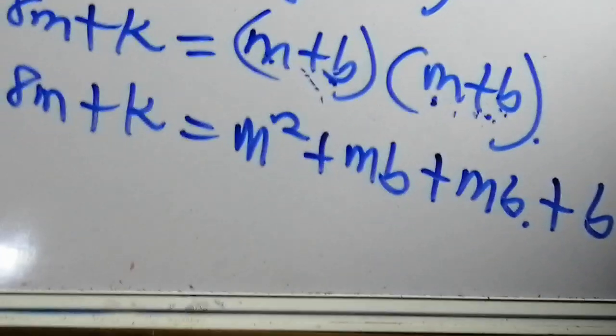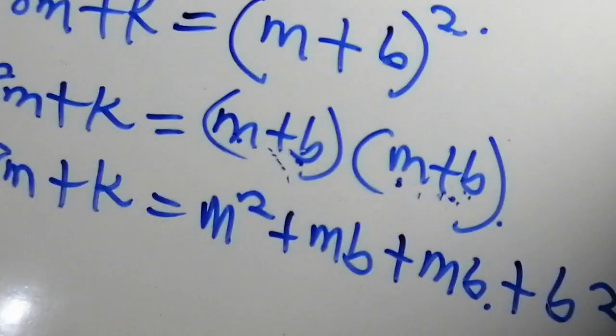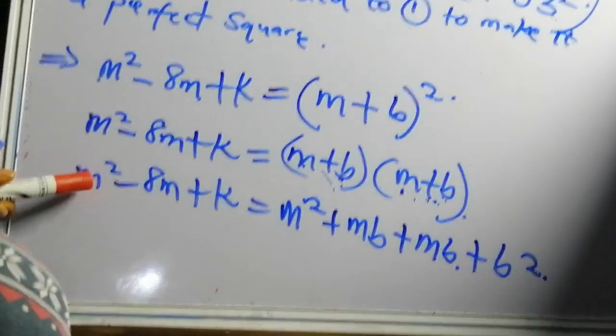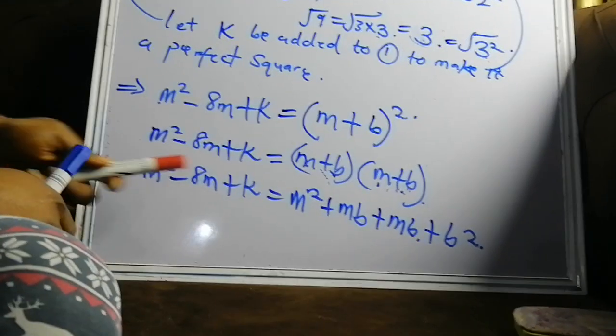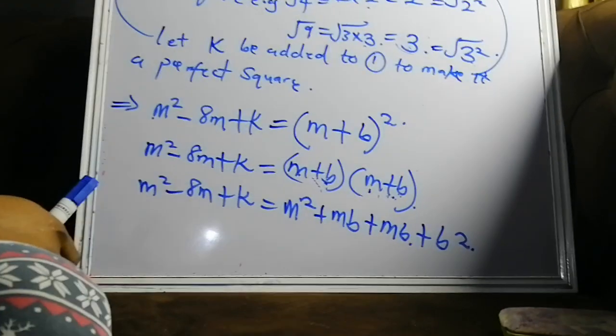So now what we do here is that because it's the completing the square method, we can now compare coefficients. What do we mean by coefficients?